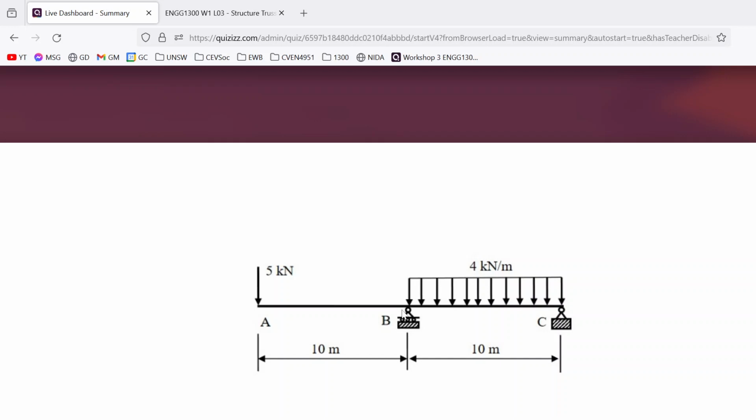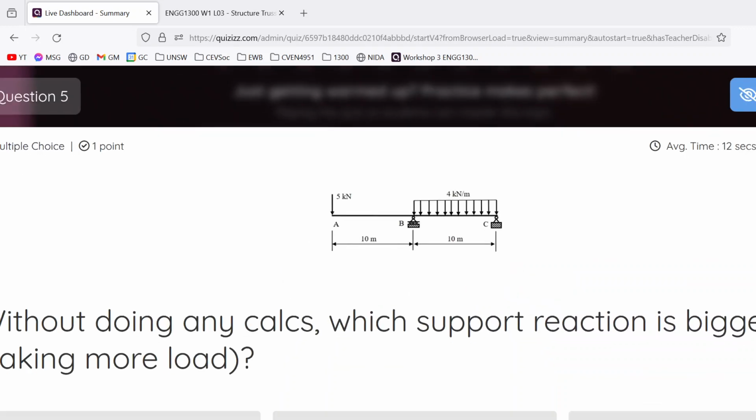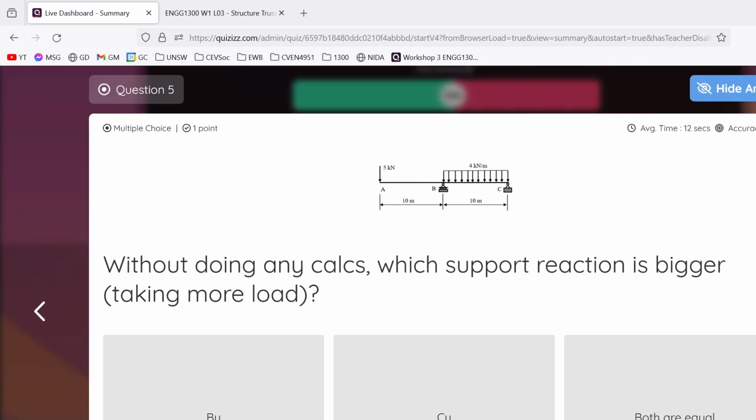But because we added this extra bit, we have more of the beam going left, extending past B to point A, and then we have additional loading on that side. Well, then we know that more of the vertical forces has to be put onto B to account for this, right?